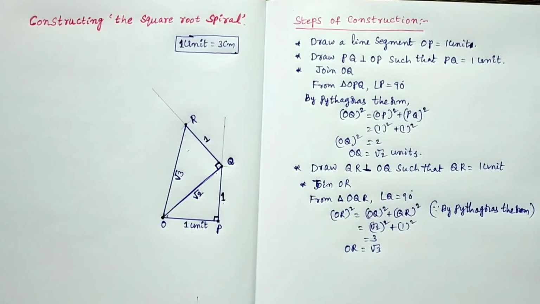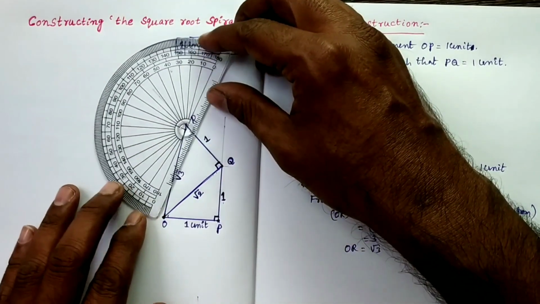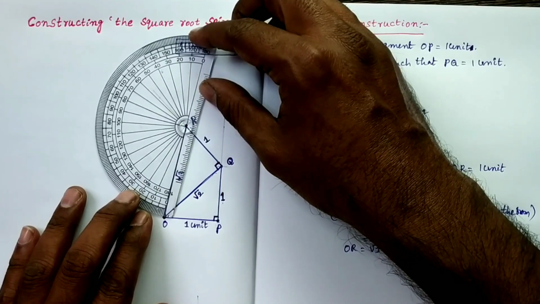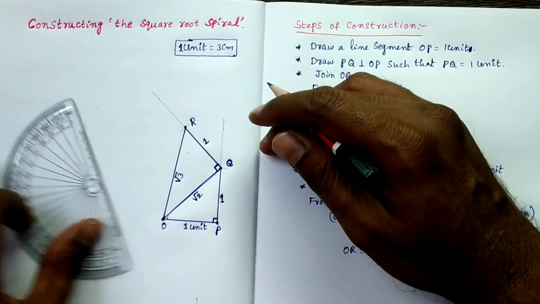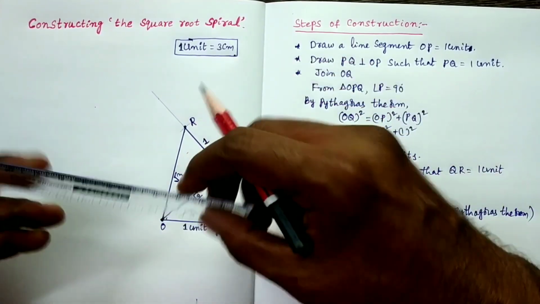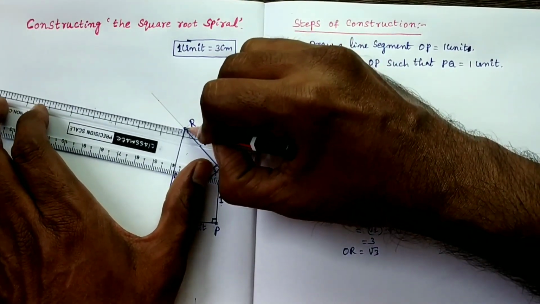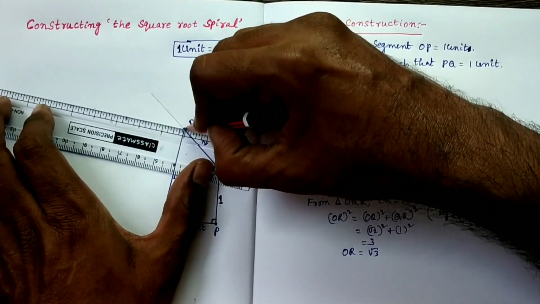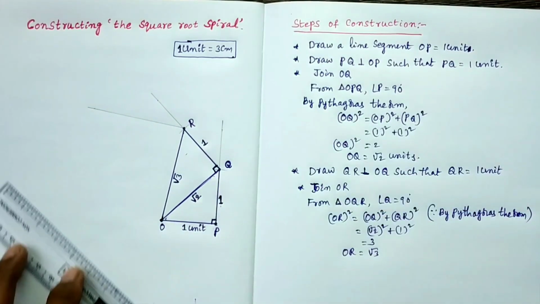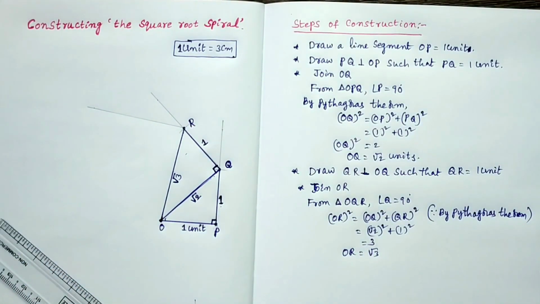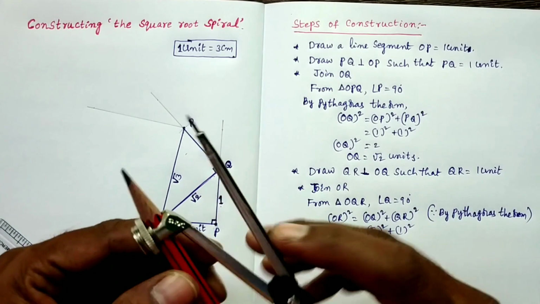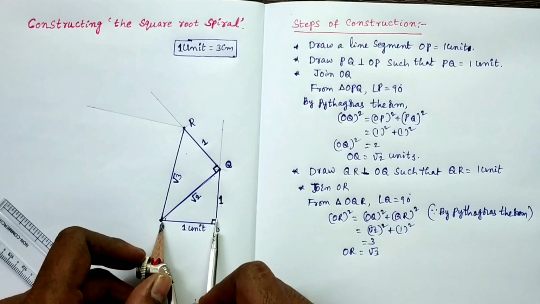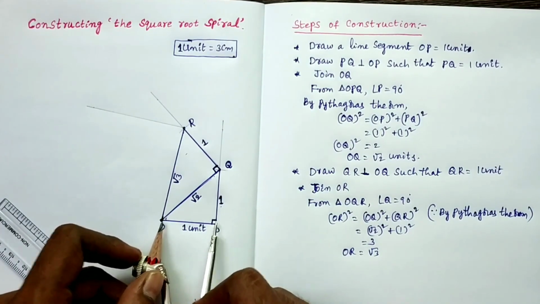Now again you draw a perpendicular line to OR at R. So take 90 degrees. Draw a perpendicular line to OR and take 1 unit with compass.